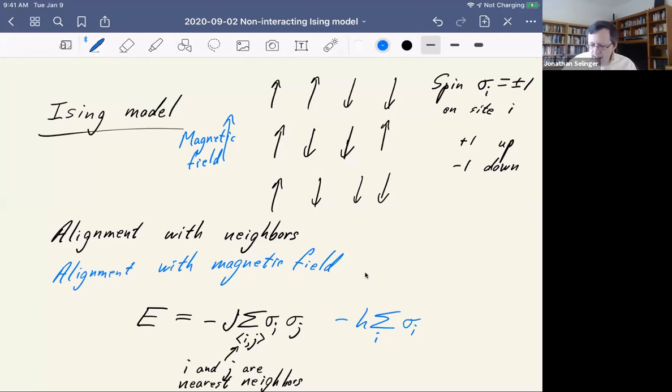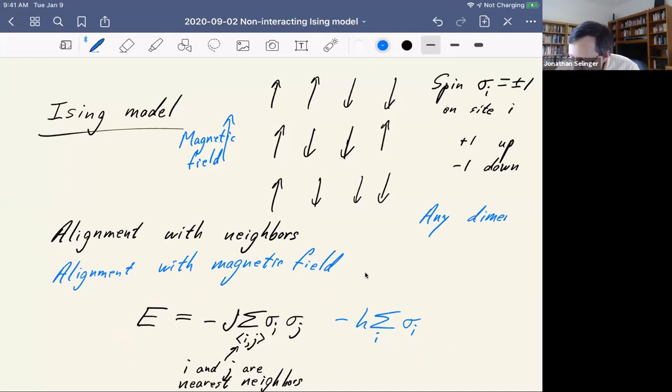And so it is to say we have this lattice of spins and there's an energy associated with the lattice. And this expression here tells us how to calculate what is the energy. And I should say that this lattice could be in any spatial dimension, right?